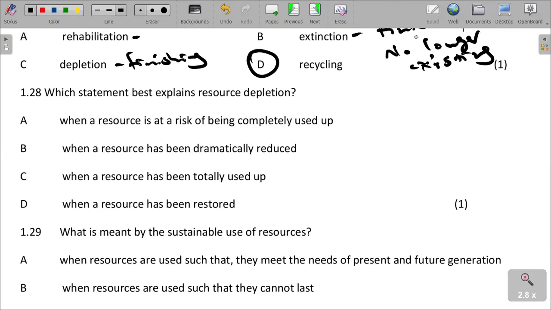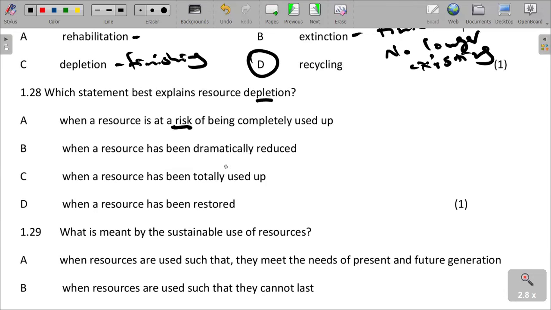Which statement best explains resource depletion? When we say resources have depleted, it is not when a resource is at risk of being completely used. Depletion is when a resource has been drastically reduced, when a resource has been totally used up.